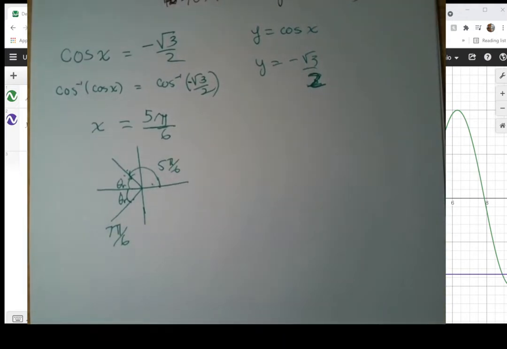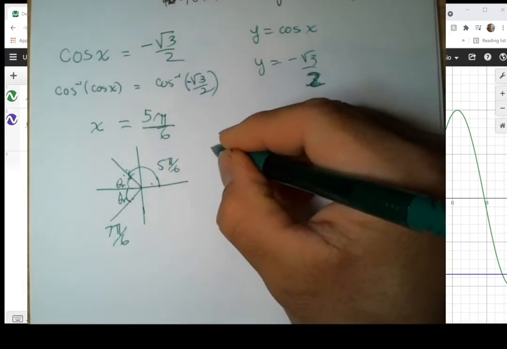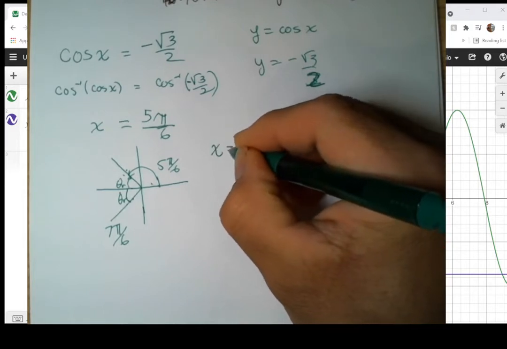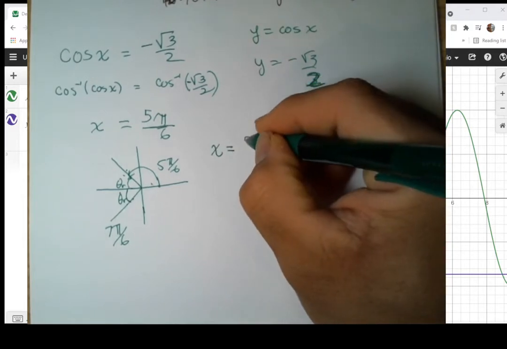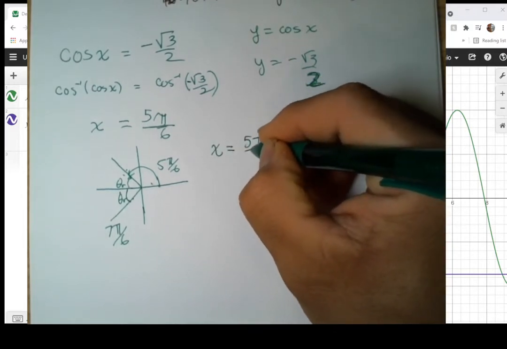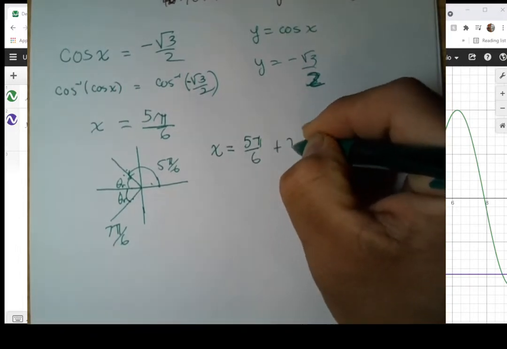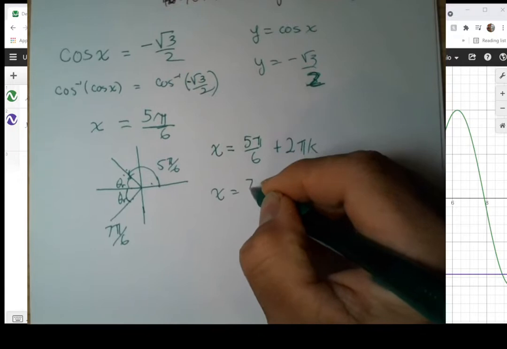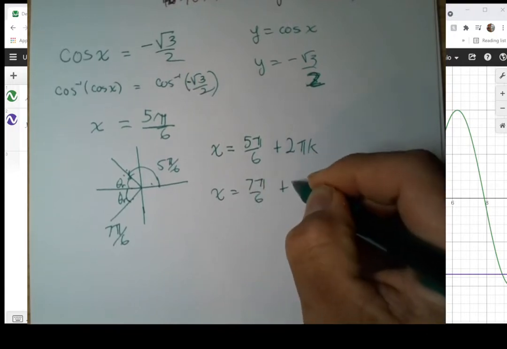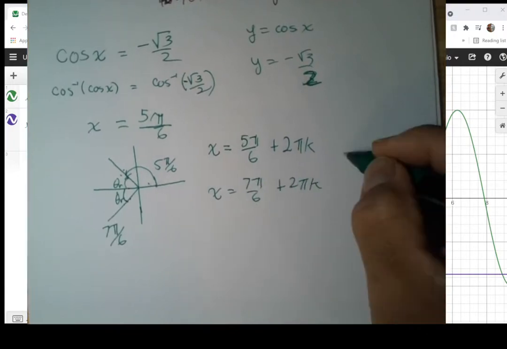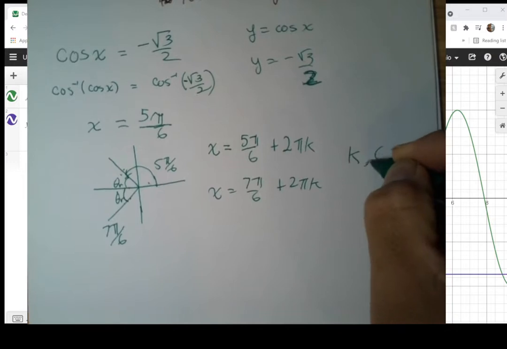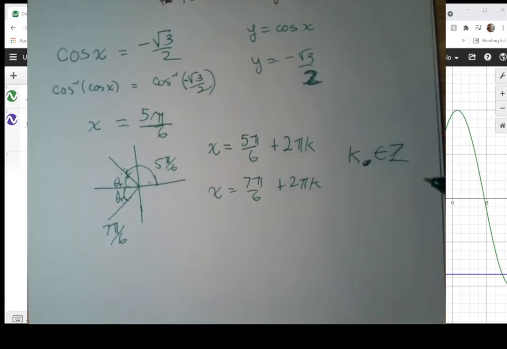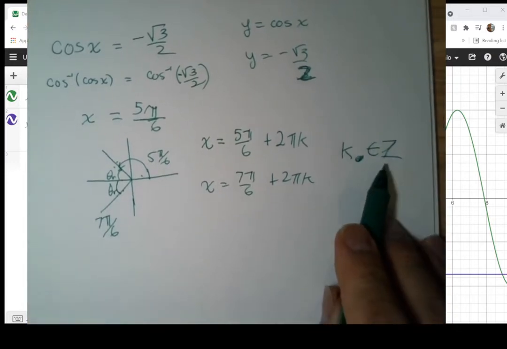To represent that, we're going to have two equations here. x is going to be 5 pi over 6 plus 2 pi k, or x is going to be 7 pi over 6 plus 2 pi k, where in both cases we need to make the statement that k is some integer.